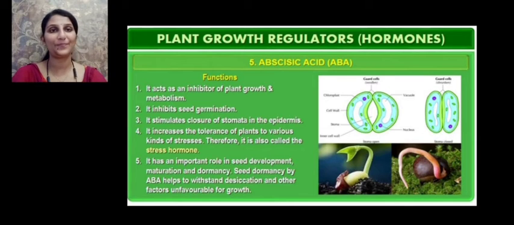Functions of ABA. It acts as an inhibitor of plant growth and metabolism. It inhibits seed germination. So all growth is inhibited by the effect of ABA. It stimulates the closure of stomata in the epidermis under abiotic stresses. It increases the tolerance of plants to various kinds of stresses, thus it is called a stress hormone. It has an important role in seed development, maturation and dormancy.